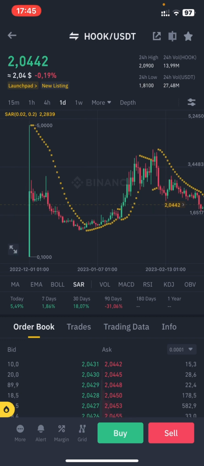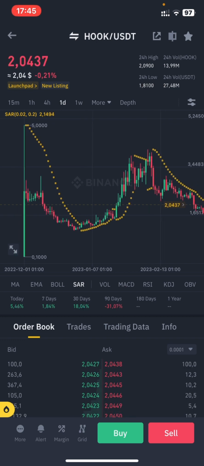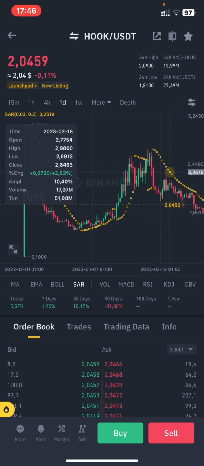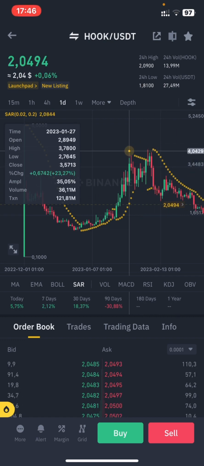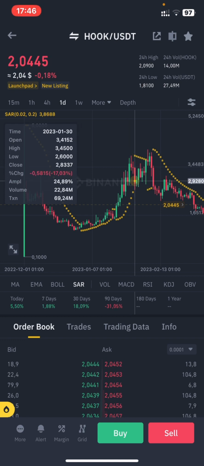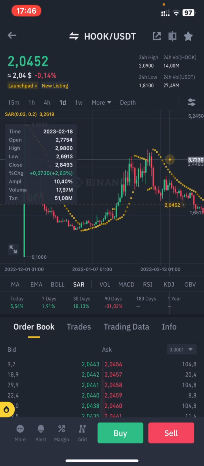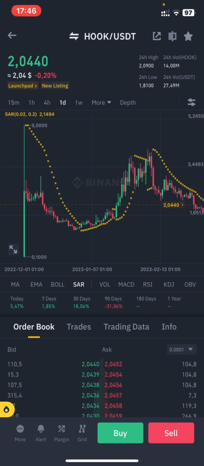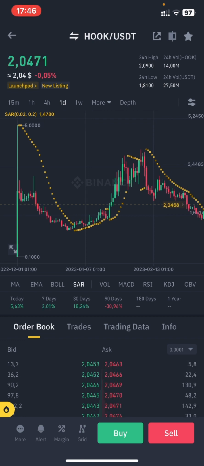Here you're able to buy at this level, around $1, and this went to around $4. Let's say you're unable to sell at the top. Sure, it's possible not to be able to sell at the top. Then you were able to sell at $3.30.